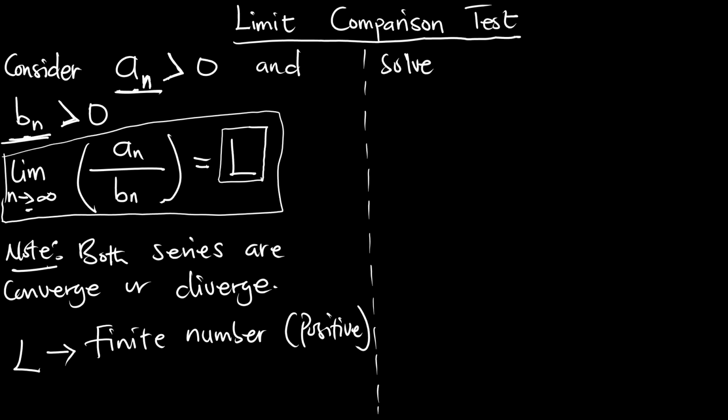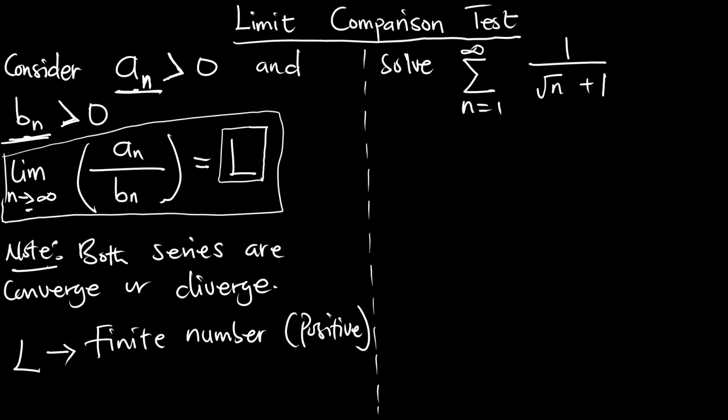So we are to solve the summation from n equals 1 to infinity of 1 on root of n plus 1. We are going to determine if this series is going to diverge or converge using the limit comparison test.